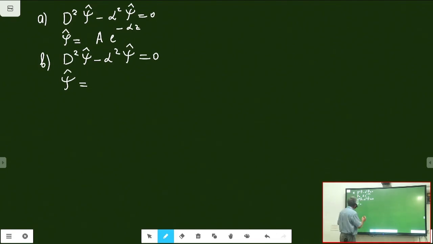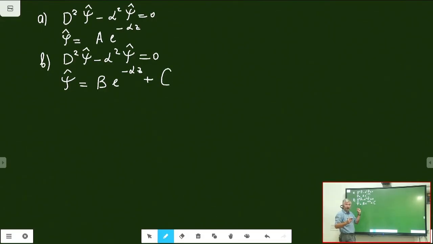So what do I have here? I have B and C. So I have B e to the power minus alpha z plus C, but make sure that you do not confuse that with a small c that we introduced previously.